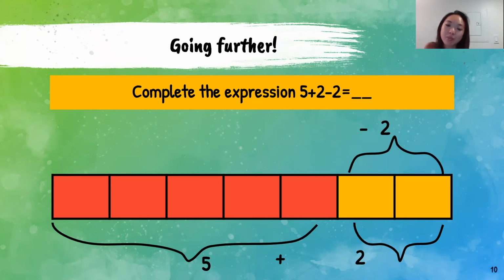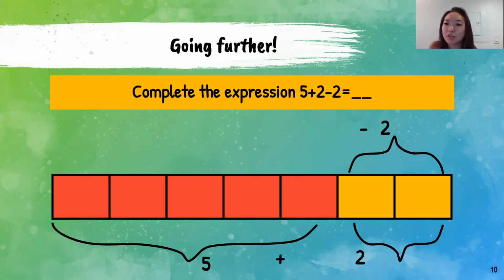So complete the expression 5 plus 2 minus 2 equals. On my diagram, I have my original 5 in red, and then I have my plus 2 in yellow. So I have my 5 plus 2, which is my first part of the equation, and then I have my minus 2.